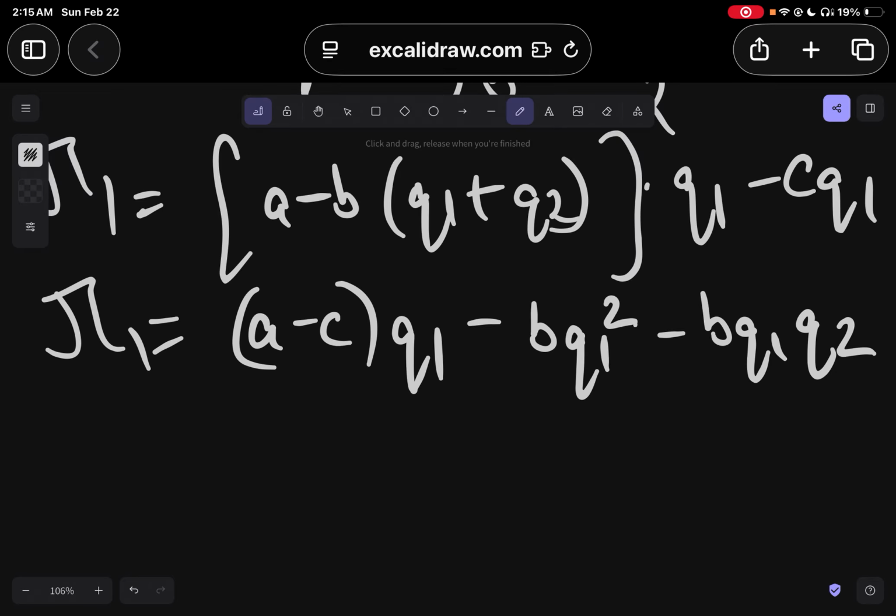Okay, so this is equation 1, which I just jotted down.